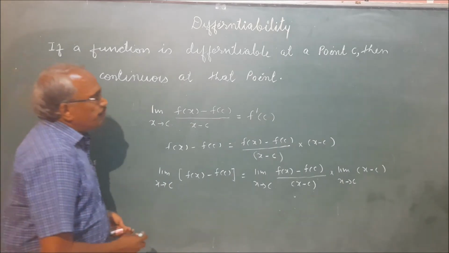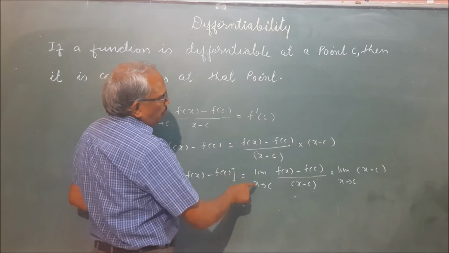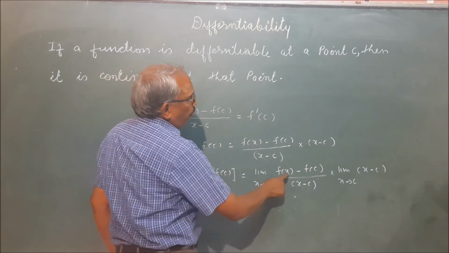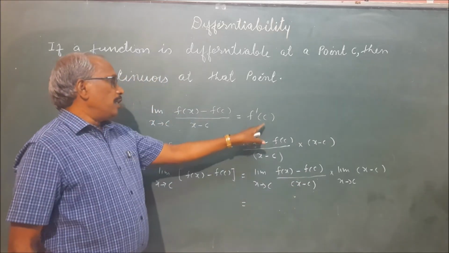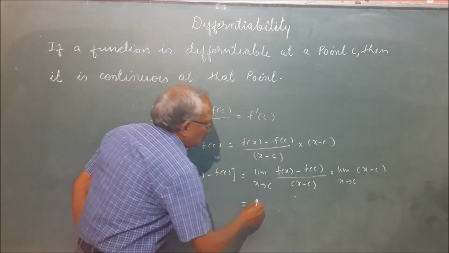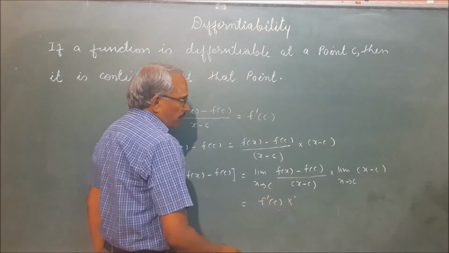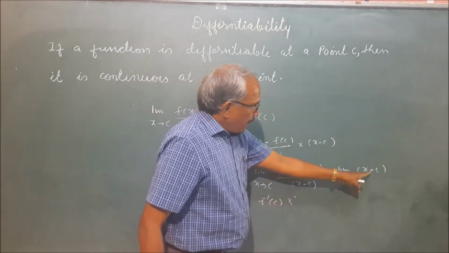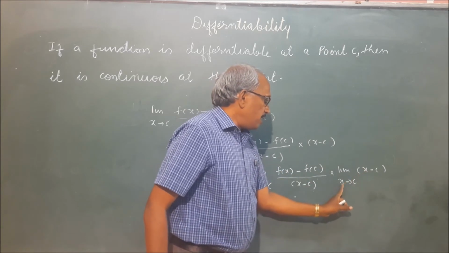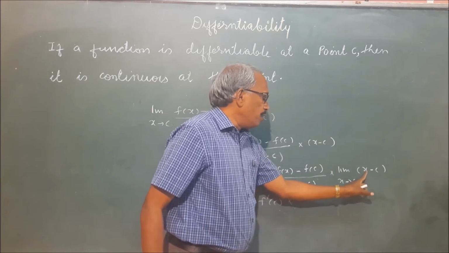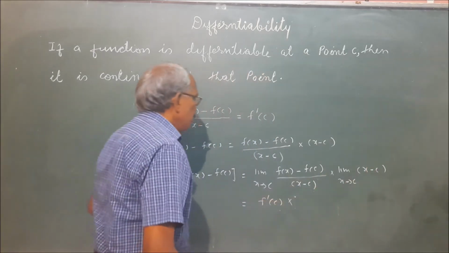Now limit x tends to c of [f(x) minus f(c)] upon [x minus c] means f dash c. So f dash c into the limit of x minus c as x tends to c; we can put x equal to c, so c minus c will be 0.